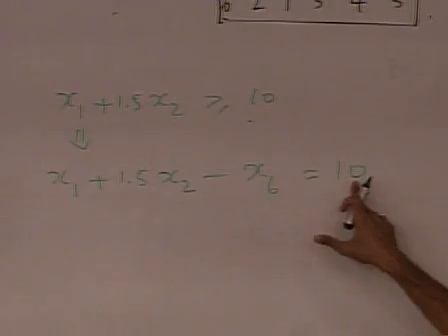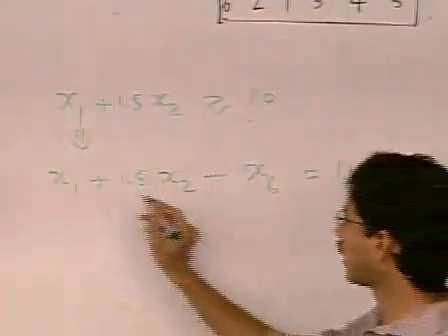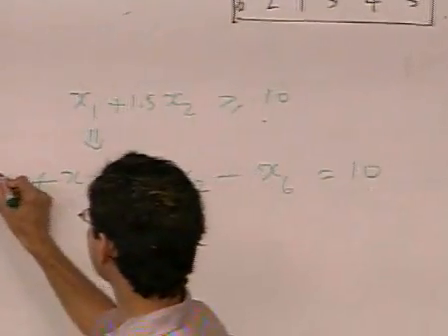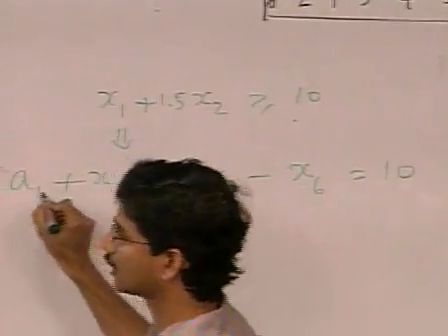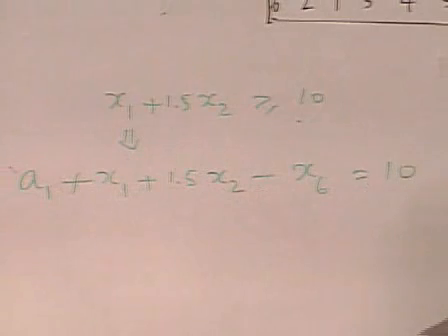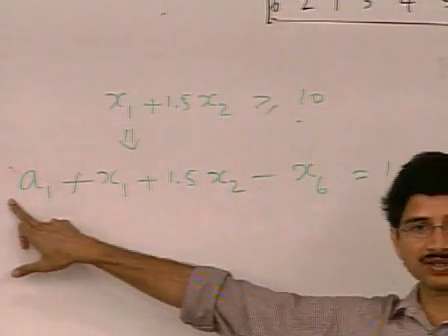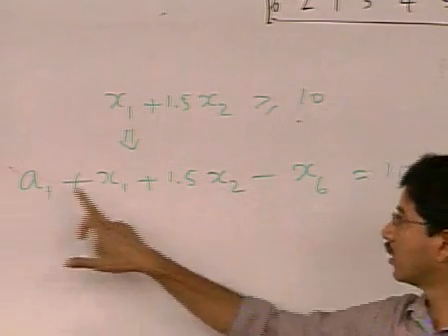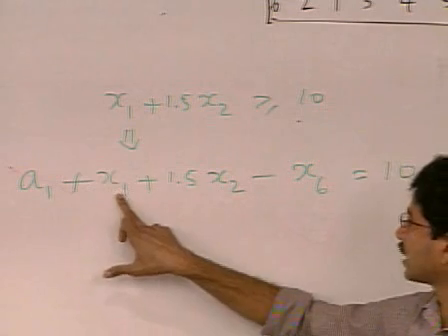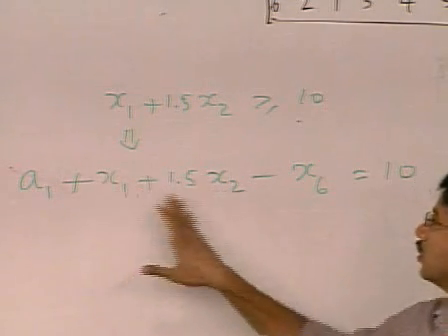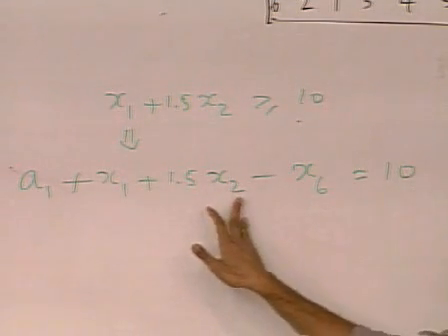So what we are going to do is the following. You add another variable with a positive coefficient, called A1, to this equation. You're going to think of x1, x2 as still non-basic.